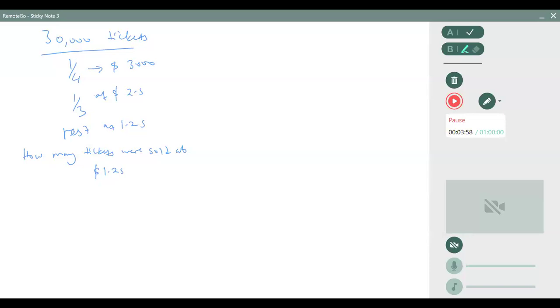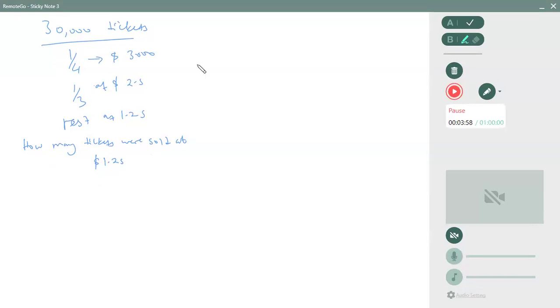So in the first step, let us work out the tickets that were sold at a quarter, and then we see how much was remaining. So when working it out, you just get a quarter.